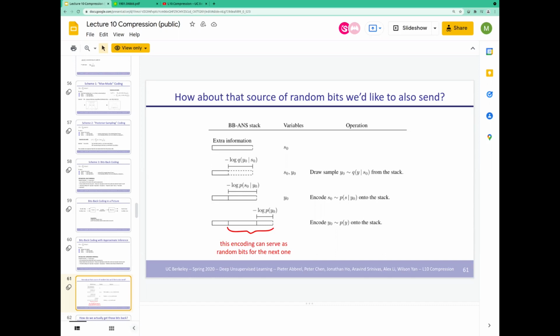So if your distribution is off, you have to pay more bits than is necessary. But this S naught will always be discrete and will always be encoded. The only loss that you could possibly get is because P is wrong, or P's rounding is not good.